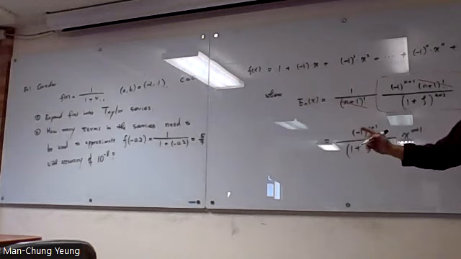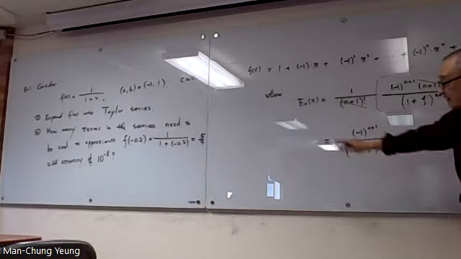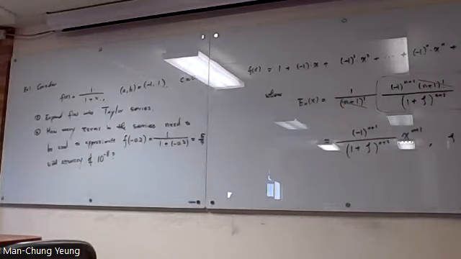Actually, this question is asking how to choose n so that the error is less than 10 to the negative 8. What is n? n is the number of the terms in the series. How to choose n so that the error is less than 10 to the negative 8? And the error is here.